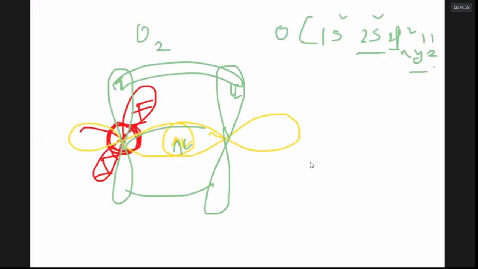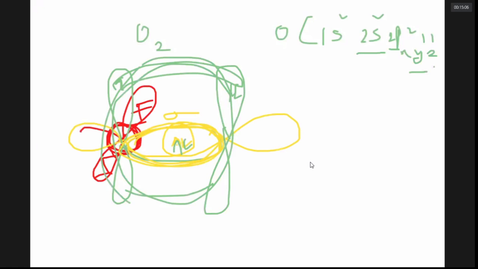And the orbitals are overlapping. When the orbitals overlap axially, that is a sigma bond. This is the lateral overlap, by sideways overlap of the orbitals, it is a pi bond. The first bond formed between any two atoms is sigma. The second bond formed between them can be pi.